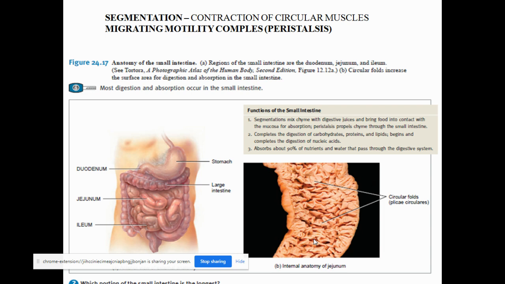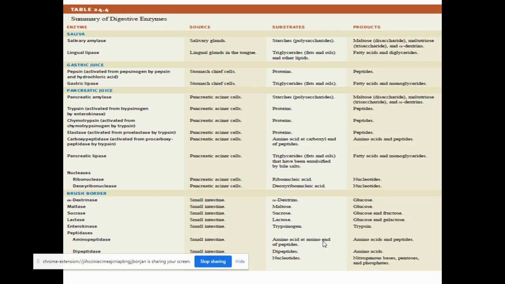It takes around 90 to 120 minutes, 1.5 to 2 hours, to completely transfer the contents from the stomach out of the small intestine. These are the two movements which help in mechanical digestion: sloshing, spiral movement, mixing, and the transport of the chyme from the stomach to the end of the small intestine.